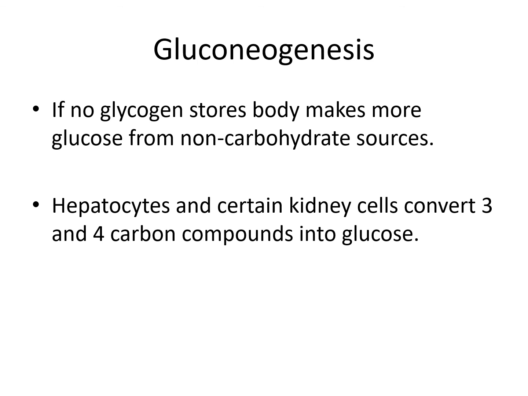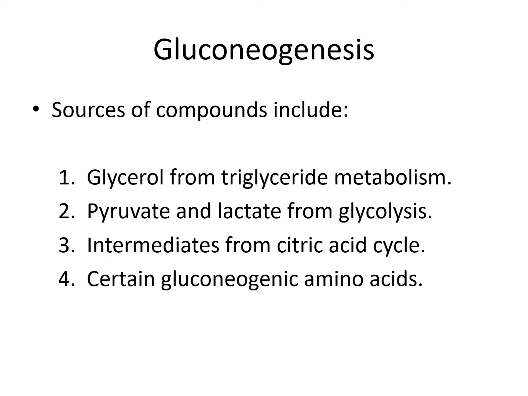Hepatocytes and certain kidney cells can convert 3 and 4 carbon molecules into glucose. Sources of these compounds include glycerol from triglyceride metabolism. Remember, glycerol is a 3-carbon molecule.